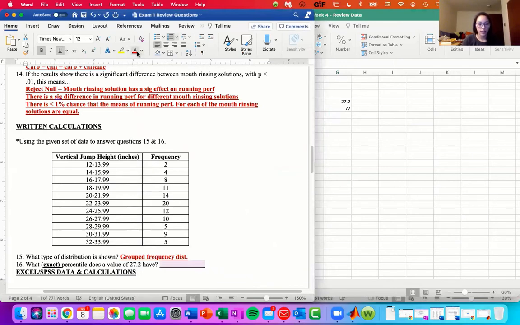We could say that a person who has a vertical jump of 27.2 is at the 77th percentile. Interpretation of that means that they have scored better than 77% of the distribution, or 77% of the raw scores lie below their raw score, okay?